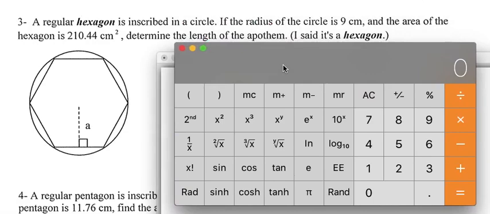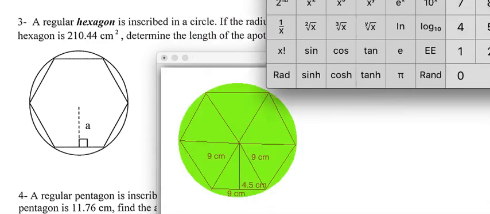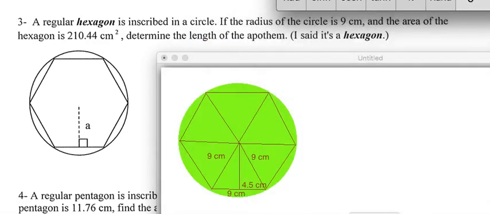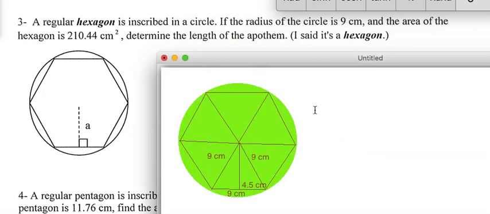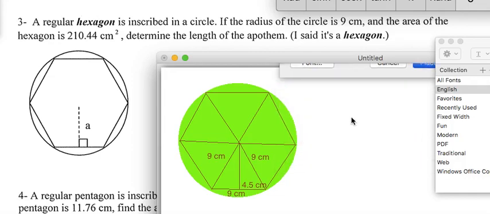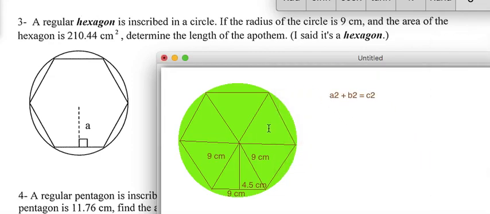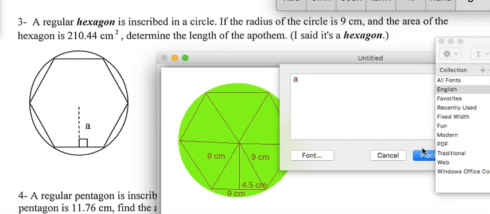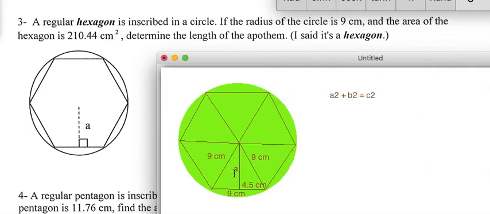Let me write it out for you. It can be confusing. People make mistakes here. Your Pythagorean theorem is a squared, I can't do exponents on this, plus b squared equals c squared. That's your basic Pythagorean theorem, and you always have to figure out what numbers go in where. Here, the number I'm missing, I'm going to use A for it because it's the apothem.